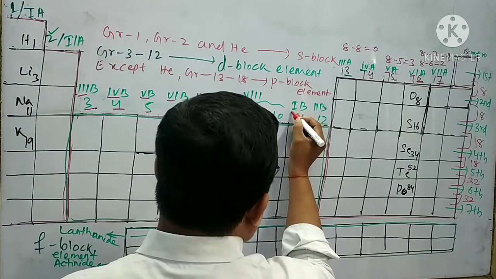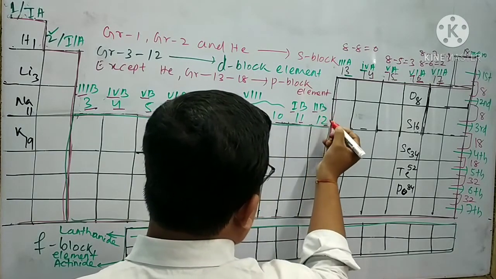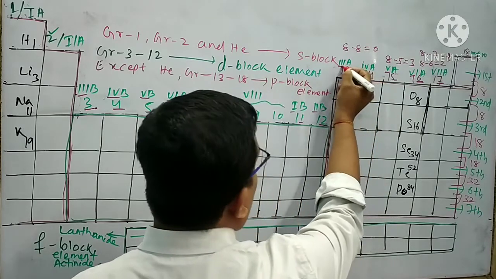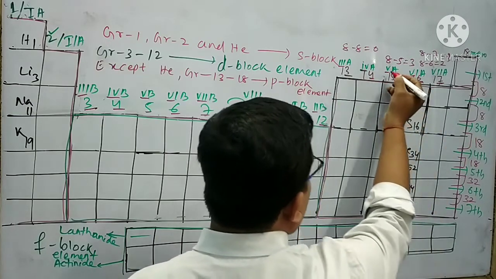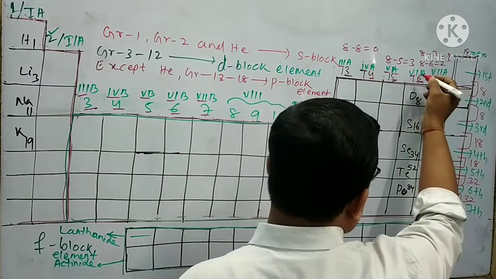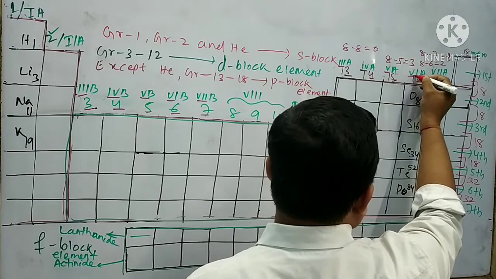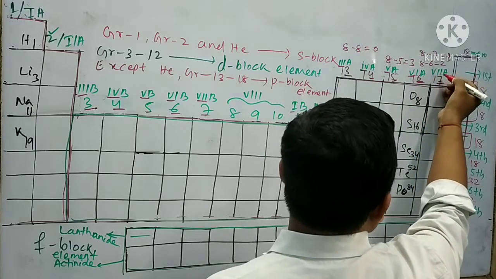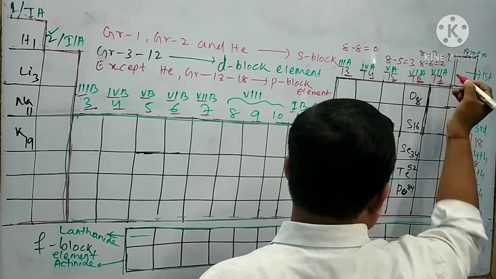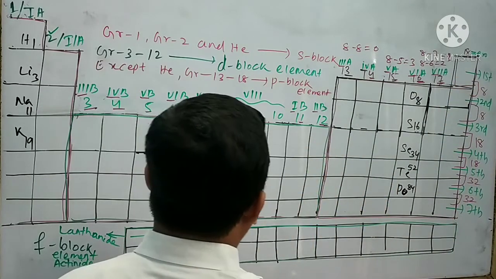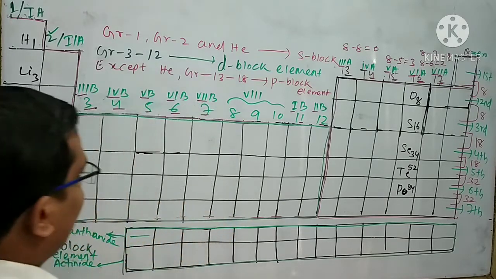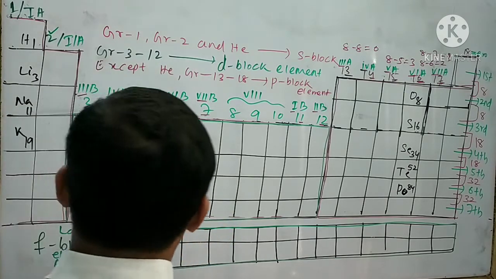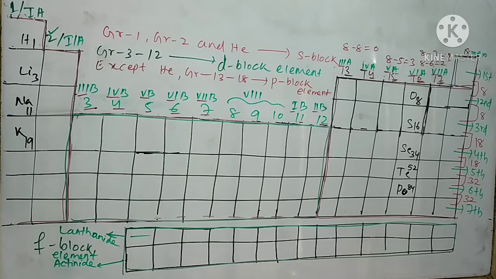Here I is written, here 1; here II is written, here 2; here III is written, here 3; here IV is written, here 4; here V is written, here 5; like that, here VI, here 6; here VII, here 7 is written. Group 18 is also called the VIIIA group. 8 means VIII in Roman letter. These are the good relationships between the old IUPAC recommendation and the new IUPAC recommendation.